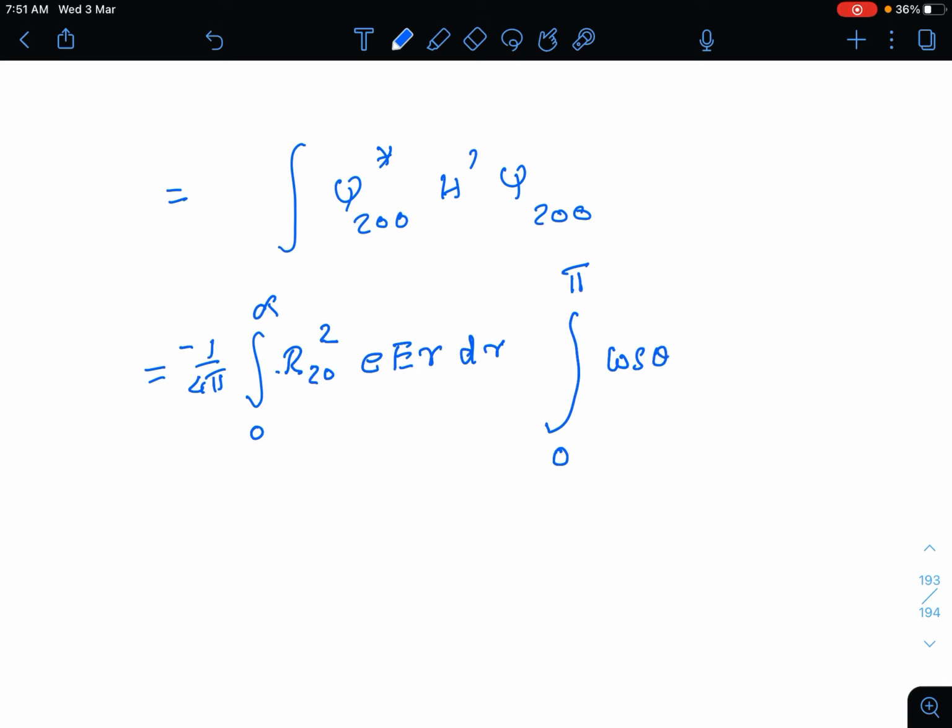D tau is r square, r square sin theta d theta. In the previous session we found that integral 0 to pi cos theta sin theta d theta is equal to 0. Good, so that goes 0.